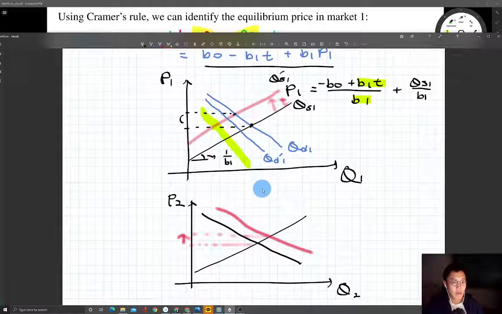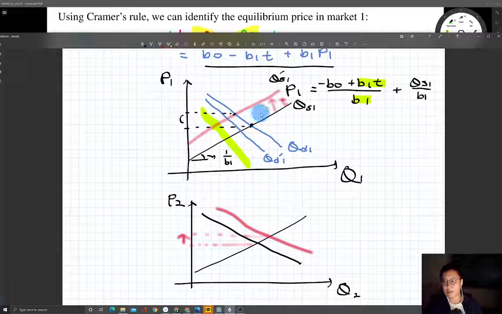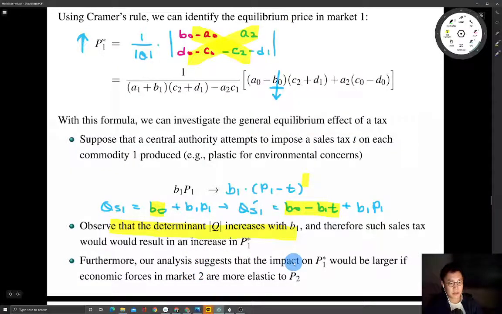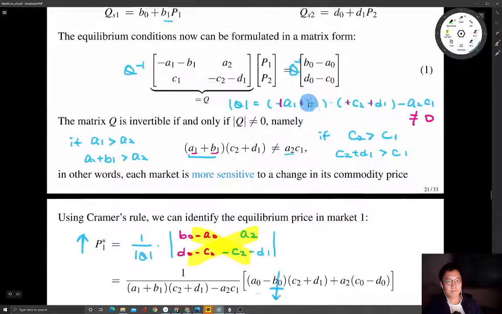So now we have to consider how much reduction we can anticipate on the demand side due to this tax. And the last bullet point explains the size of this effect. That is related to the sensitivity of demand and supply in market 2, I mean C2.